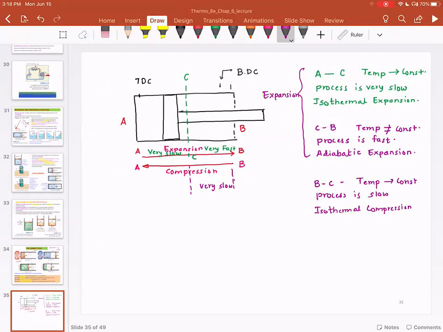And then from C to A, the temperature is not remaining constant. The process is fast, and it is adiabatic compression.